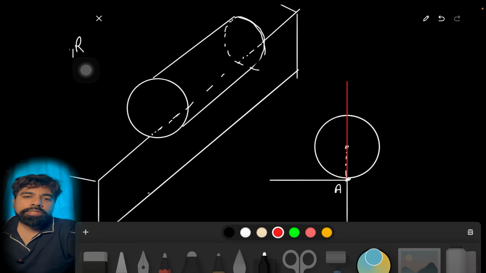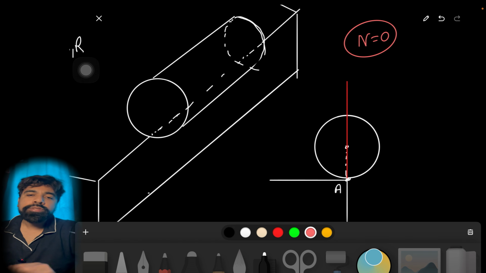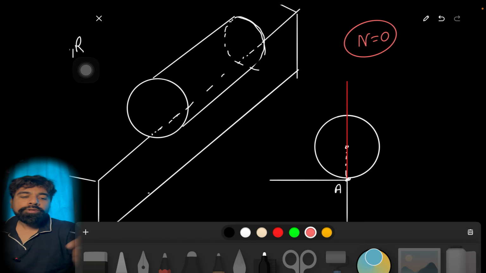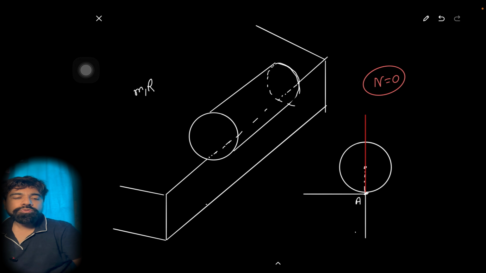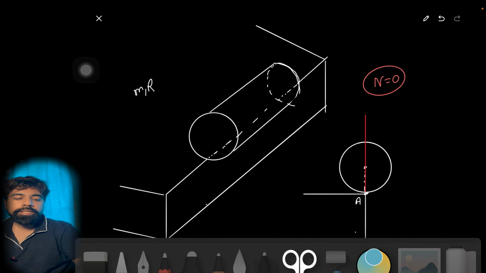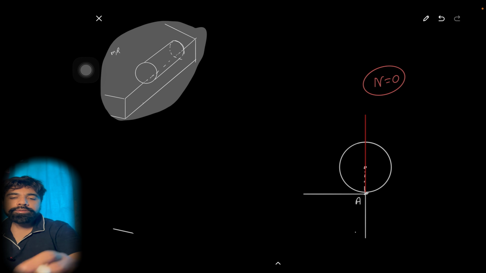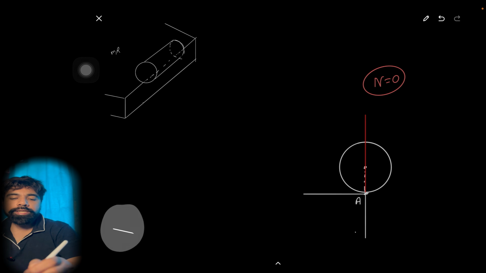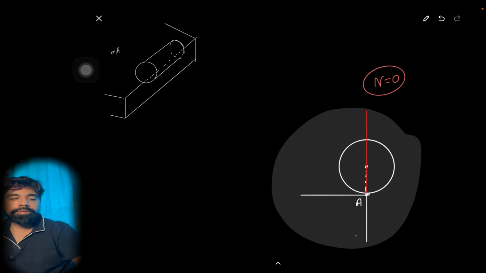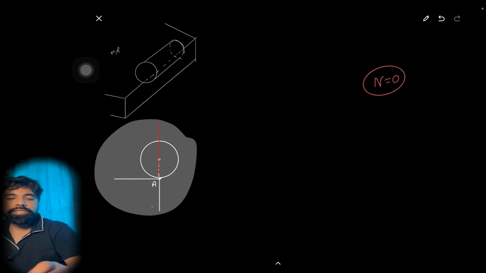Now what is the concept of losing contact? The concept of losing contact is that the normal reaction acting on a body must be equal to 0. So if we take the situation where this cylinder is on the verge of losing contact, it will look something like this. This is a 3D diagram. I minimized the diagram, and this was the initial situation.